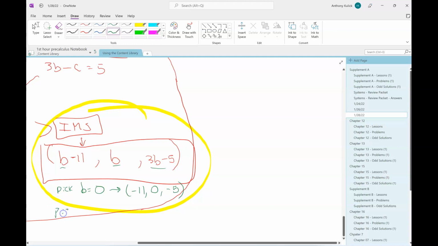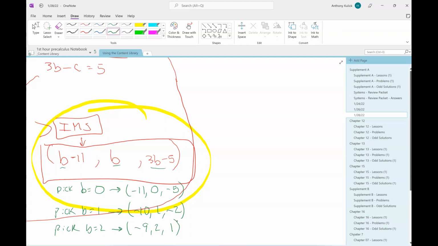So that's an example of one of the infinitely many solutions. Or maybe I pick b to be 1. So I get negative 10, 1, and then negative 2. Or maybe I pick b to be 2, and I could do this forever, right? I could just keep picking values for b, and they'll keep generating solutions for me.